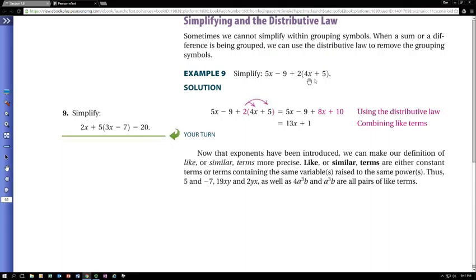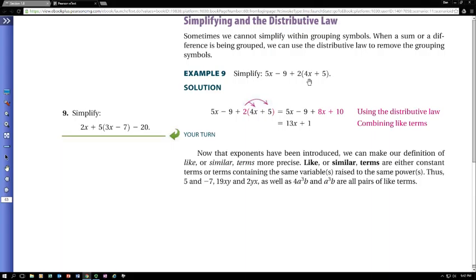So in this case, we're going to make a decision. Not necessarily saying it always has to happen this way, but if they want me to simplify this expression, usually I'm going to try to get to something that has like terms where I can use the distributive property again to create an addition.